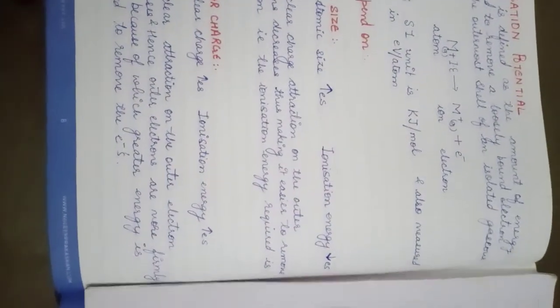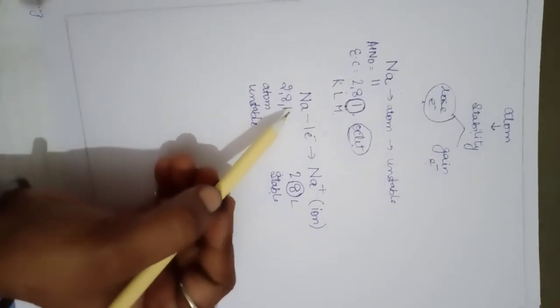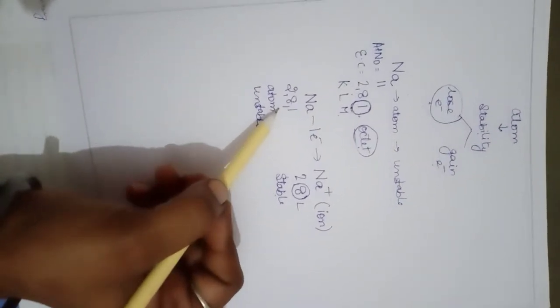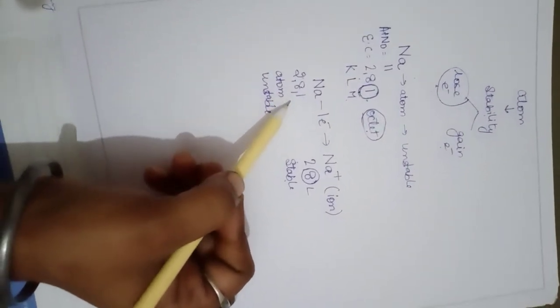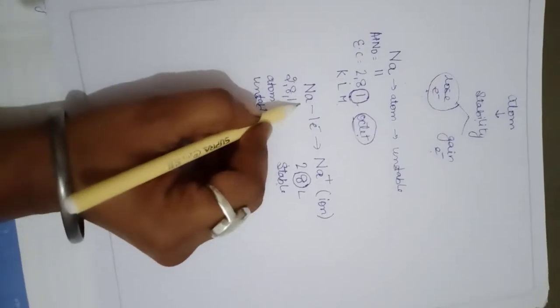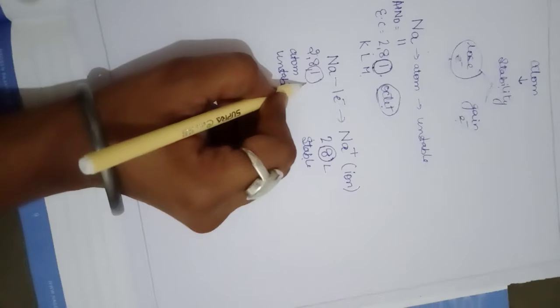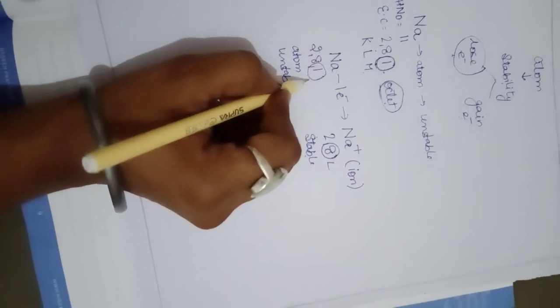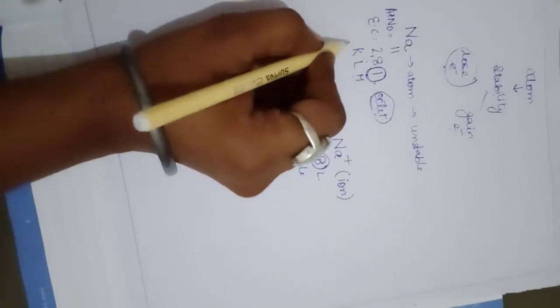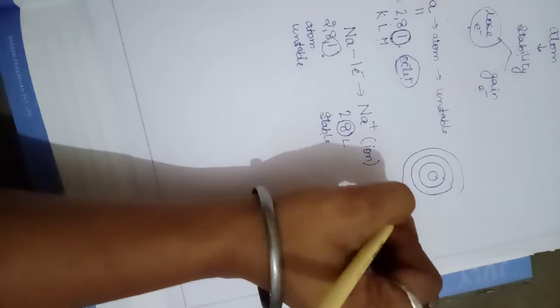Let us see some examples here again. Same example, let us see. Now see here, sodium. It has the 2, 8, 1 electronic configuration. This one electron which is present here is the outermost shell electron, that is, it is present in the M shell. So I am drawing a rough diagram.